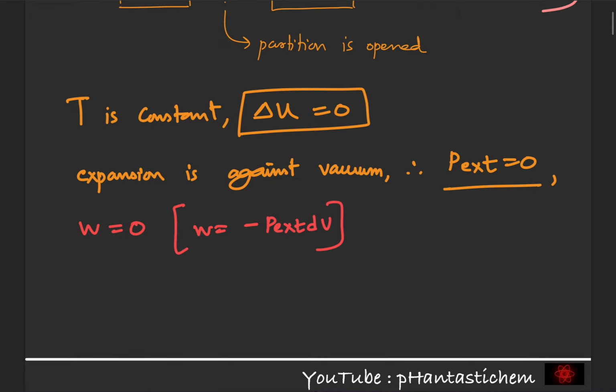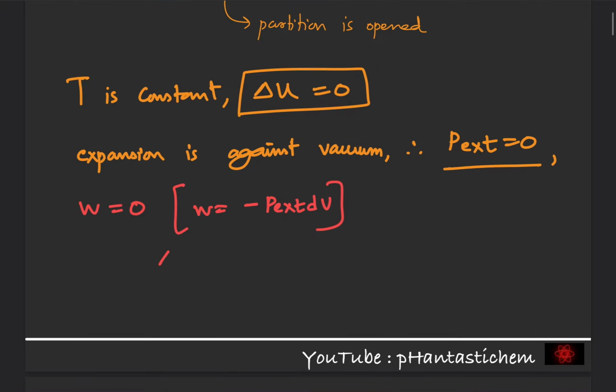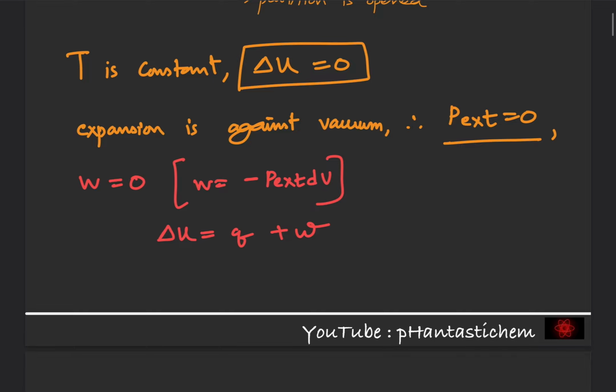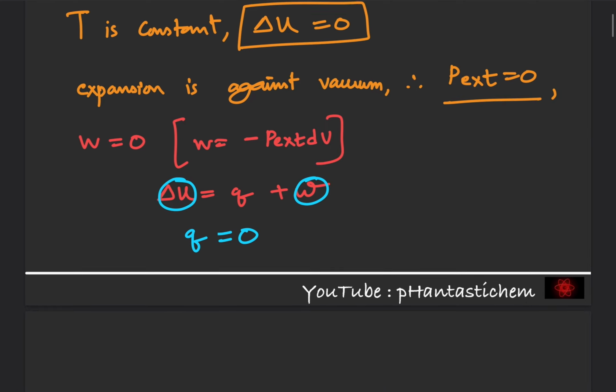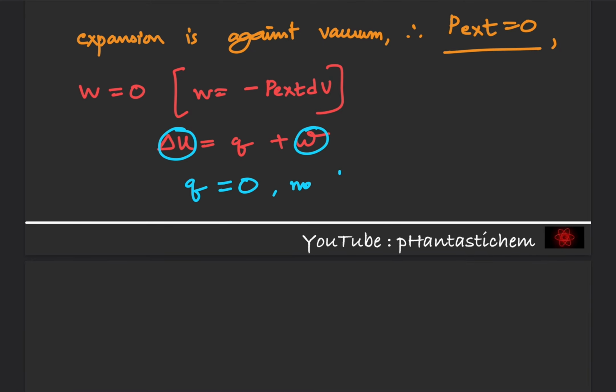So according to the first law of thermodynamics, delta U is equal to Q plus W. Delta U is 0, W is also 0. So therefore, Q is also 0. That is, there is no heat exchange between system and surroundings. Very important.